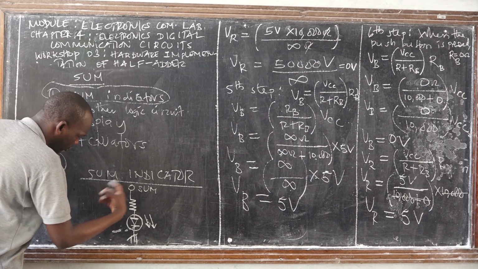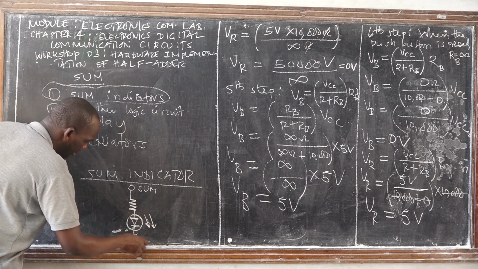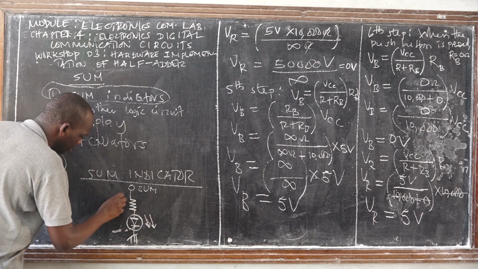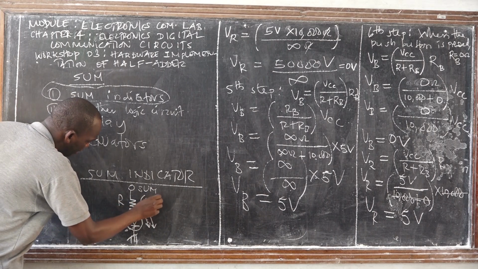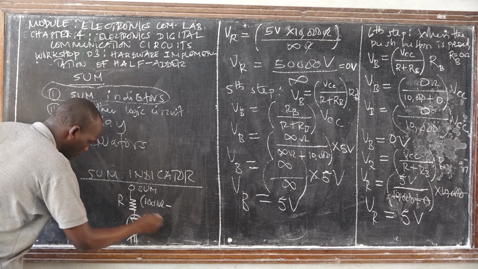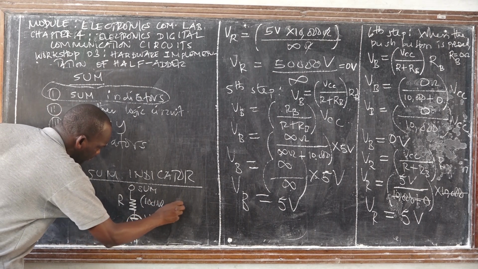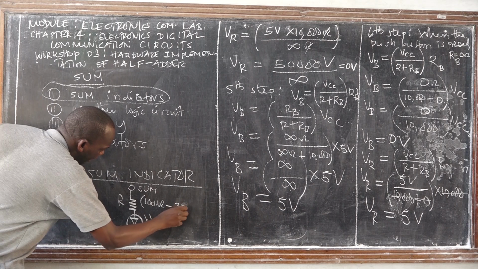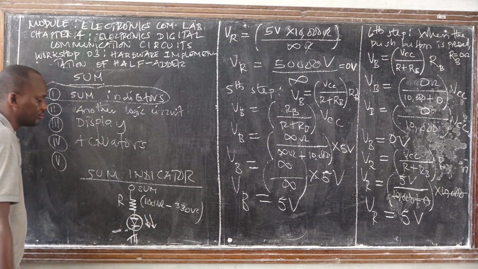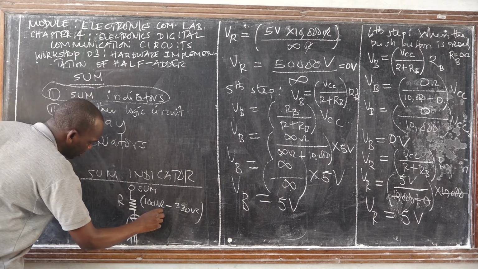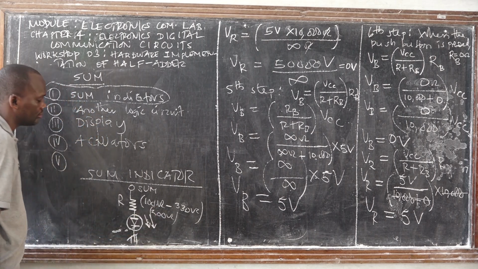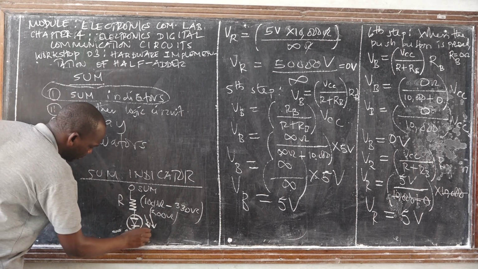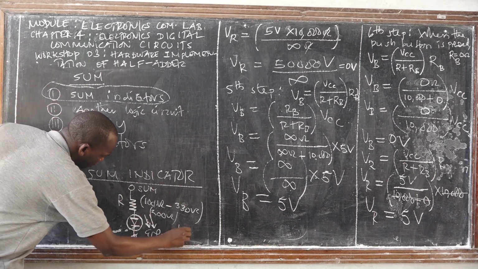Because we are going to use two indicators, we can just call this a resistor. Its resistance is just for current limiting; you may use between 100 ohm and 330 ohm. For our case, we may use a resistance of 200 ohm. And this one we call a green LED.